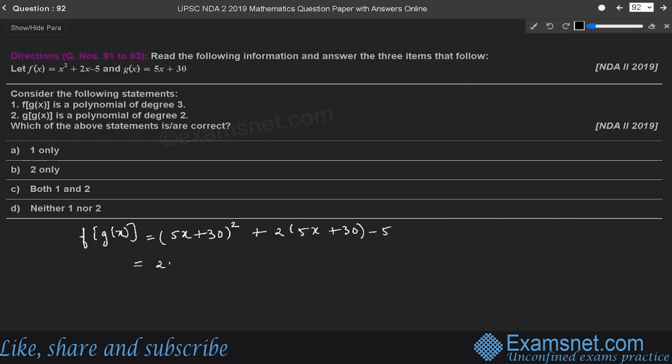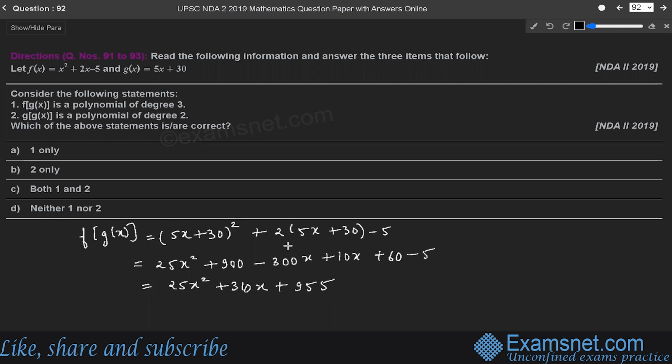So this will be equal to 25x^2 plus 900 plus 300x plus 10x plus 60 minus 5, which is equal to 25x^2 plus 310x plus 955. Here, f of g of x is a polynomial of degree 2.